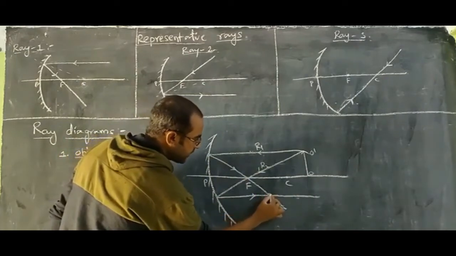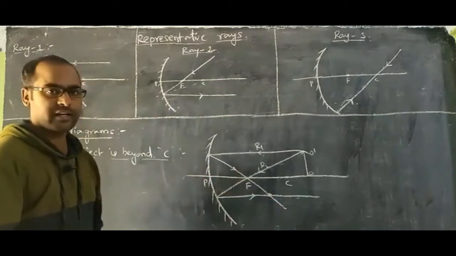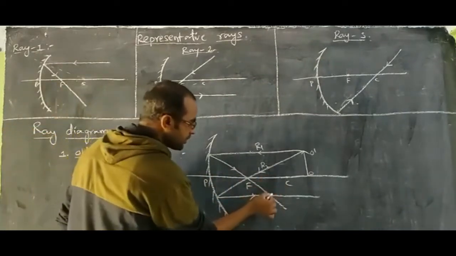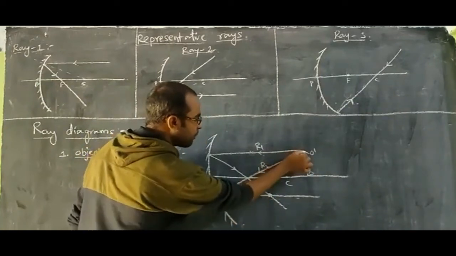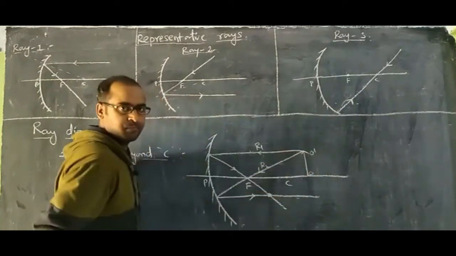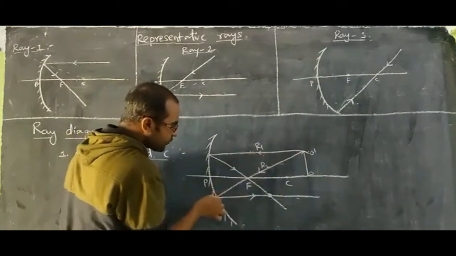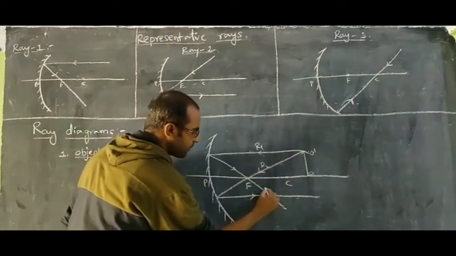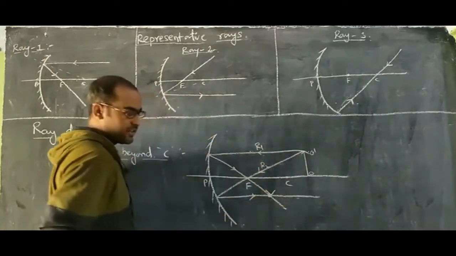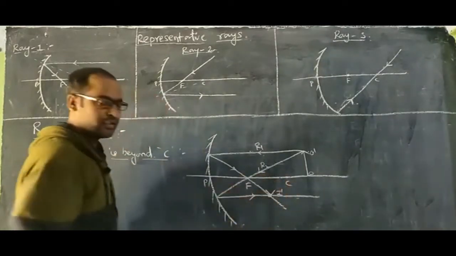These two reflected rays have met here, intersecting at that point. These rays are coming from the tip of the object, O dash, and they will form the image of that tip here. That will be represented as I dash.